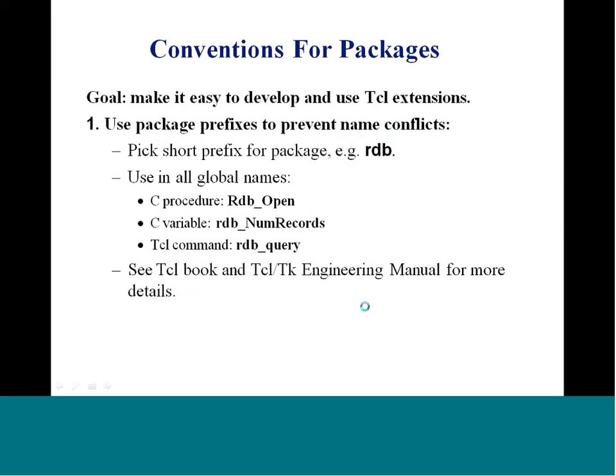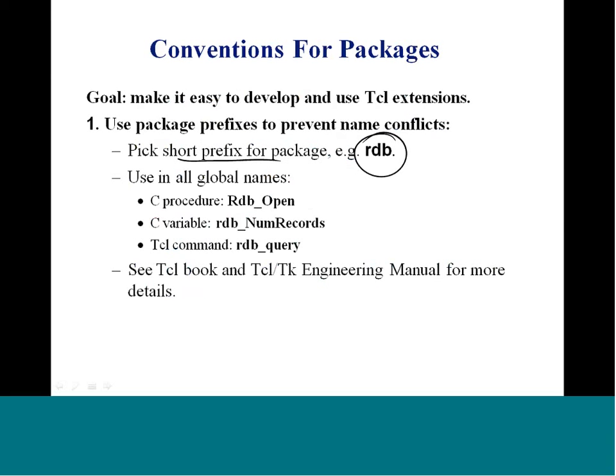So what are the conventions for defining packages in Tcl? One is that the goal is to make it easy to implement and use Tcl extensions. So we can use package prefixes to prevent name conflicts. We basically pick a short prefix for a package.